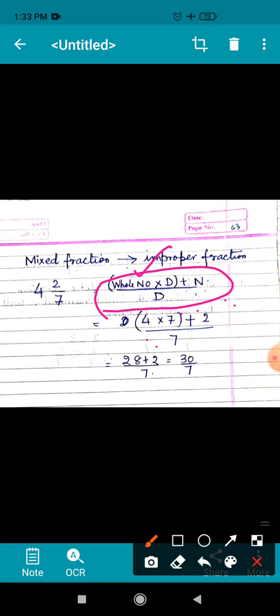Whole number is 4, denominator is 7. Multiplying both together becomes 28, and the numerator will be added. So, 28 plus 2 becomes 30, and the denominator is 7. So, 30 by 7 is the improper fraction of 4 whole 2 by 7.